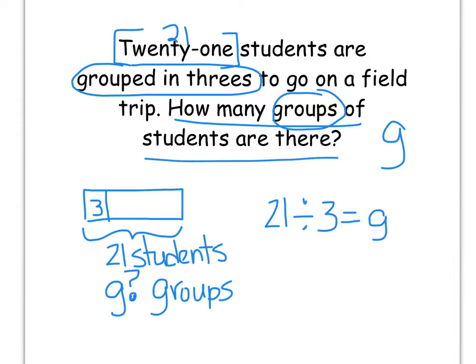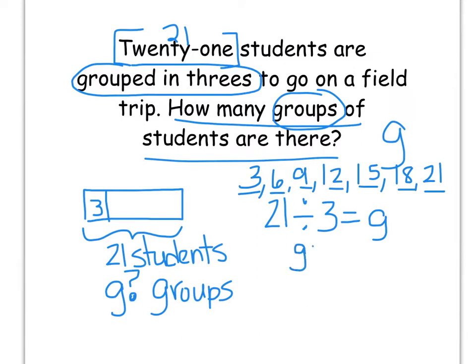So watch me skip count. 3, 6, 9, 12, 15, 18, 21. I just skip counted 7 times. So 21 divided by 3 equals G. So I would rewrite that as G equals 7. In a complete sentence, the value of G equals 7. So there are 7 groups of students.